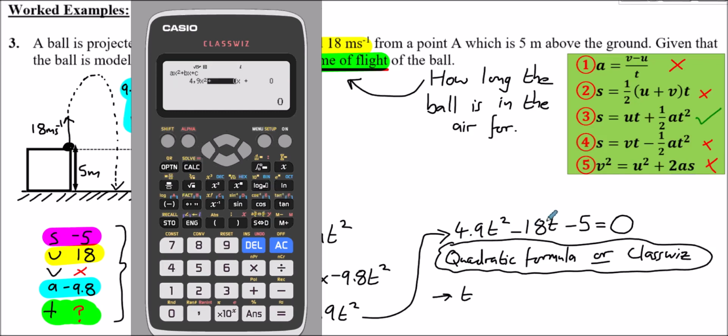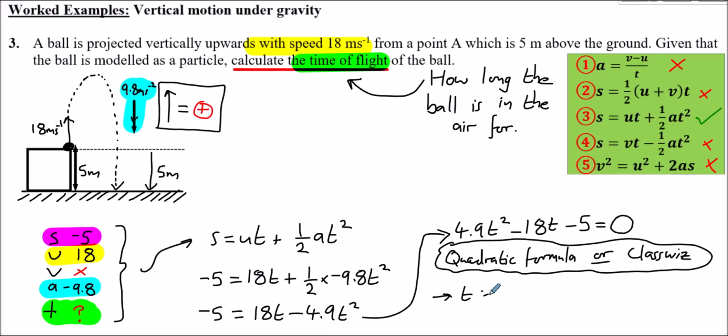The coefficient of the t is -18, so again, we press this in. And then, of course, we have -5, so we type in -5. Press equals. The first value is 3.93, so t equals 3.93.